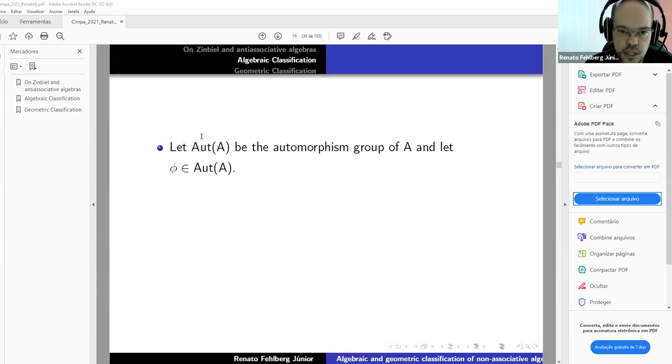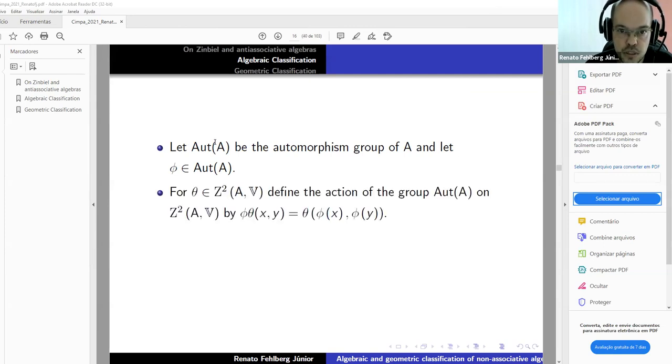Here we also consider the action of the automorphism group. So we take an element phi in the automorphism group of the Zinbiel algebra A. We can define this action on Z2 by this equality.